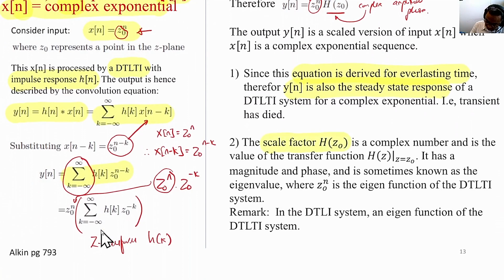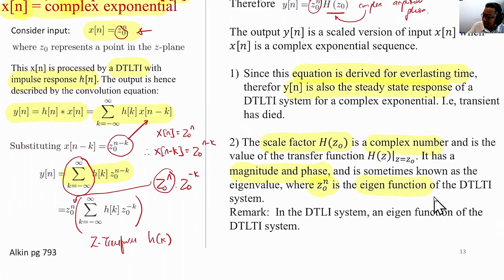Now, what we find is H(z0) is a complex number that tells us how the magnitude and phase of the input signal will change, and we realize that it is the same z0 to the power of n, the same input, but its magnitude and its phase will change. We call such a function an eigenfunction: the signal amplitude and phase change, but its frequency didn't change.